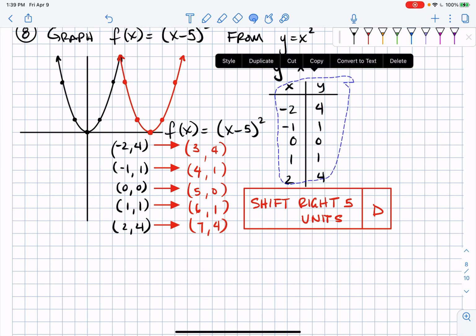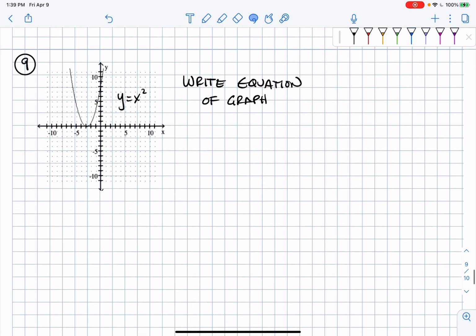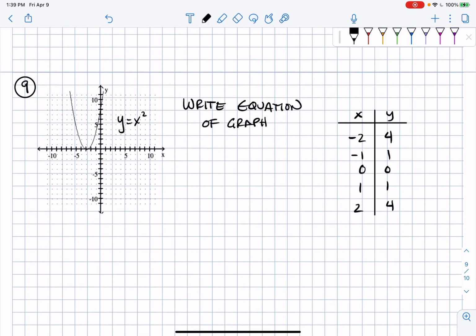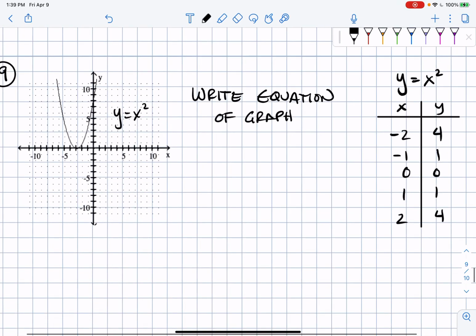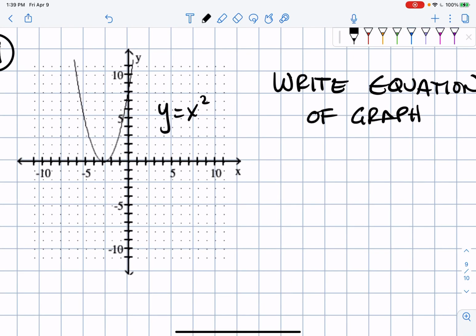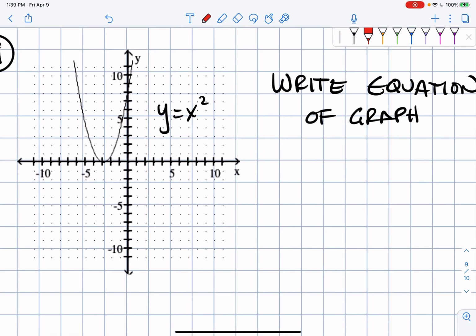I guess it's kind of good that I did that because then I can just put this right here for you guys and you would know exactly what I'm talking about. So this is y is equal to x squared, okay? So if I was to plot those points, -2, 4, -1, 1, 0, 0, 1, 1, 2, 4, let's go and plot those points right there, but now in red.